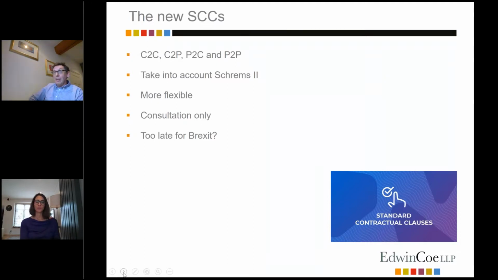So they're not a complete solution to Schrems 2, but as you go through them, they signpost you to things you should be doing to comply with Schrems 2 and to put into place additional supplementary safeguards. So it's looking a little bit easier on the horizon, but as I say, a little bit too late potentially for UK businesses and Brexit.